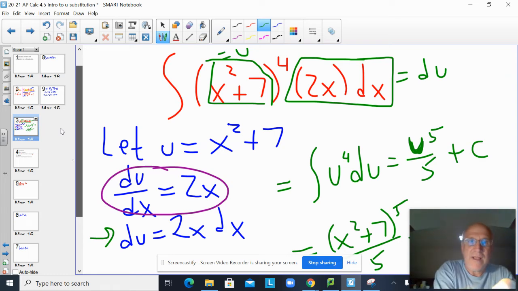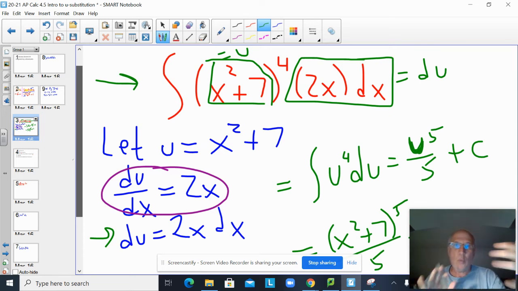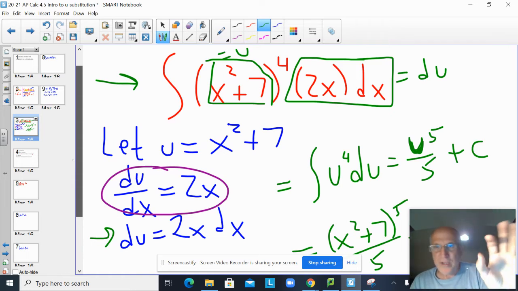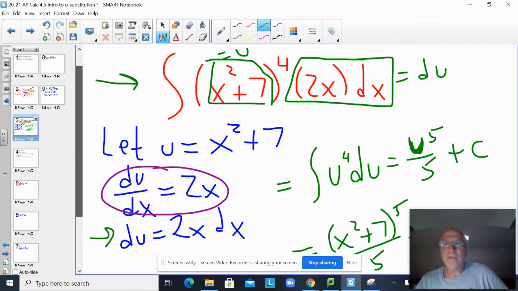And this scribbling I did up here, I would continue to do that, because otherwise I lose track of what parts are getting substituted for what. So I'm not just doing that as the first example to show you how to do it. I'm telling you that's how I do it to this day. So let's look at a few more examples. The goal today is we just do a couple examples where it's pretty straightforward u substitution.